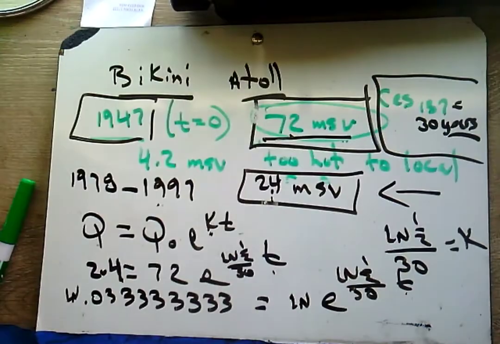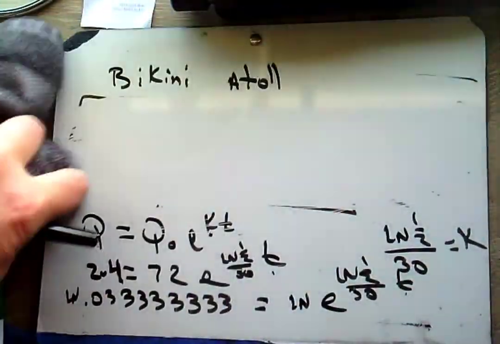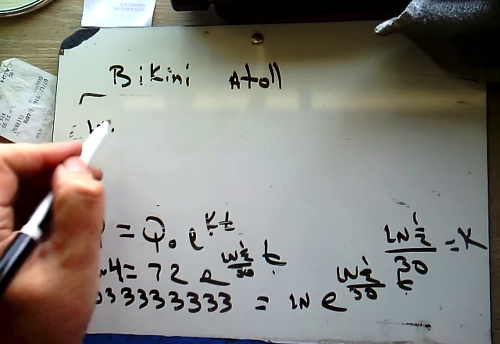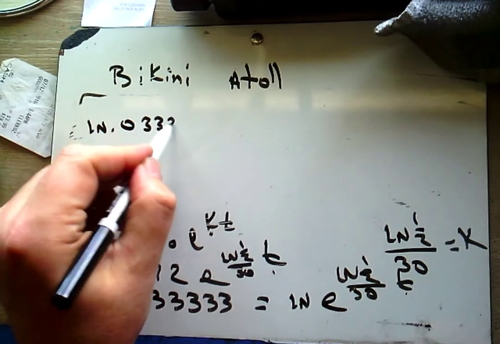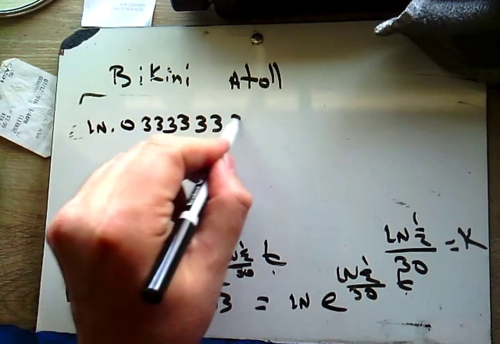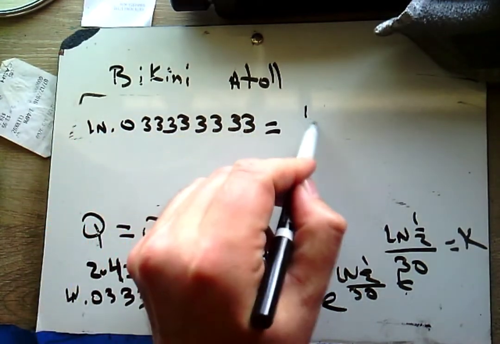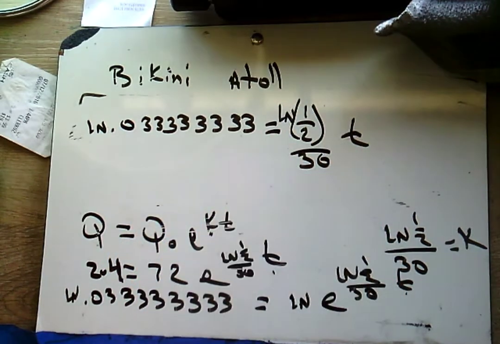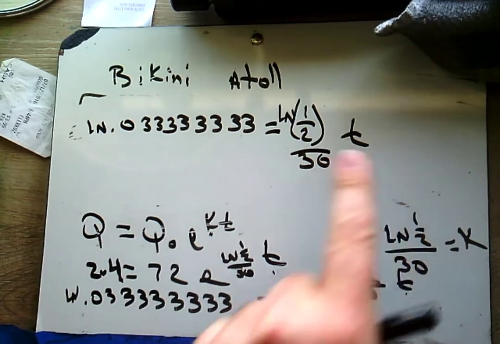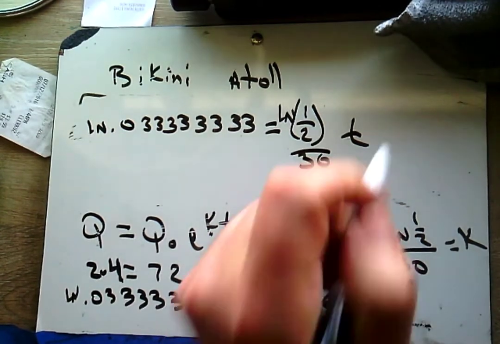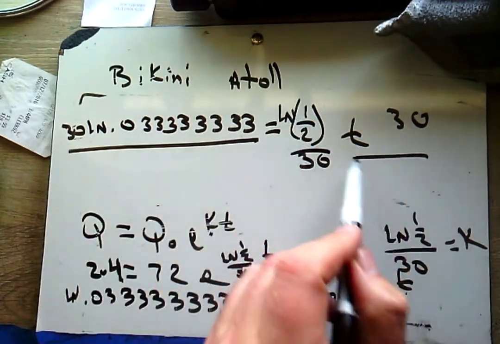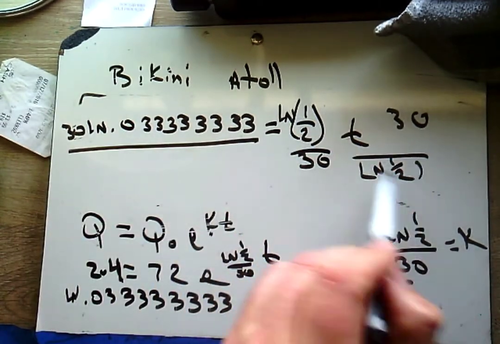Once I've taken the ln of both sides, I'm going to see the ln of 0.033333333 equals the ln of 1/2 over 30 t. So if I'm trying to solve for t, I'm going to multiply both sides by 30 and divide both sides by ln of a half.